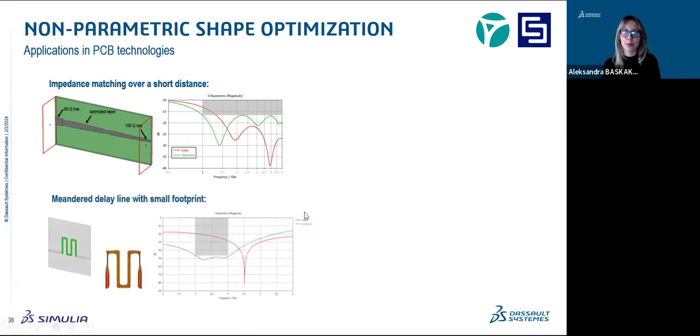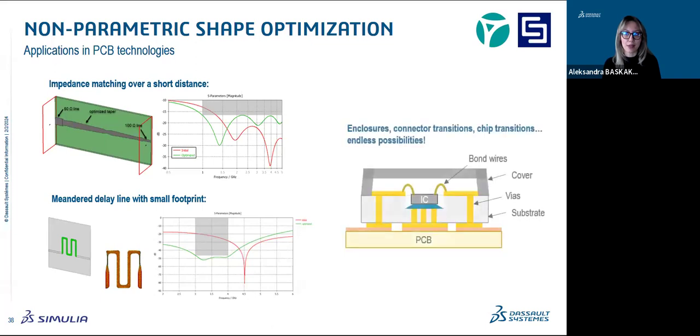Or for example, this meandered delay line with a small footprint where the reflection coefficient in this frequency band is suppressed from minus 20 dB to below minus 40 dB with this fancy shape of a meander. And it can be as well any type of enclosures, connector transitions, or chip transitions. It's almost endless possibilities.